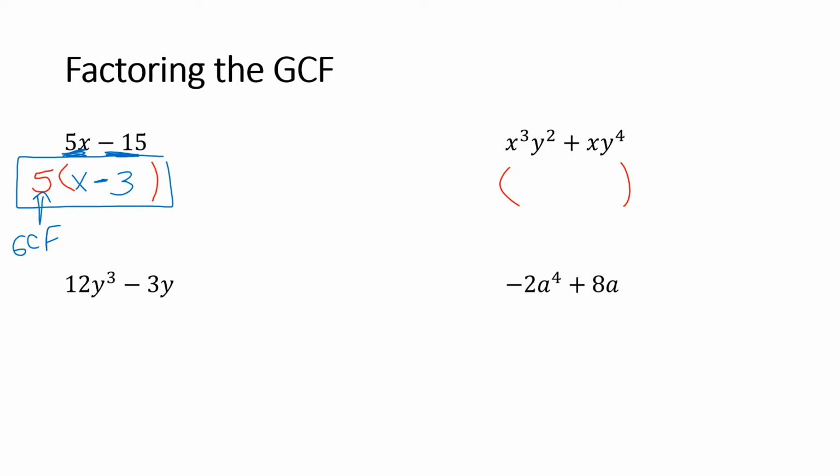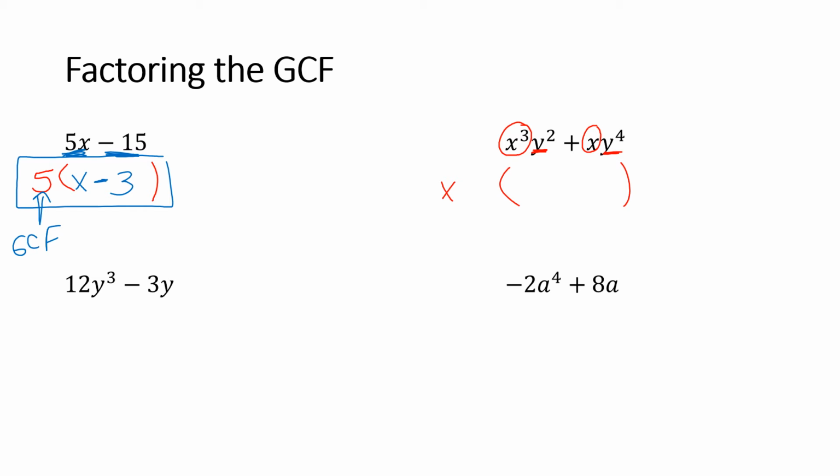So if you look at the x's, the first one has x cubed and the second one has x. So they both have at least one x. So I'm going to put one x out in the front. And then if you look at the y's, the first term has y squared and the second term has y to the fourth power. So I see here that they both have at least 2.